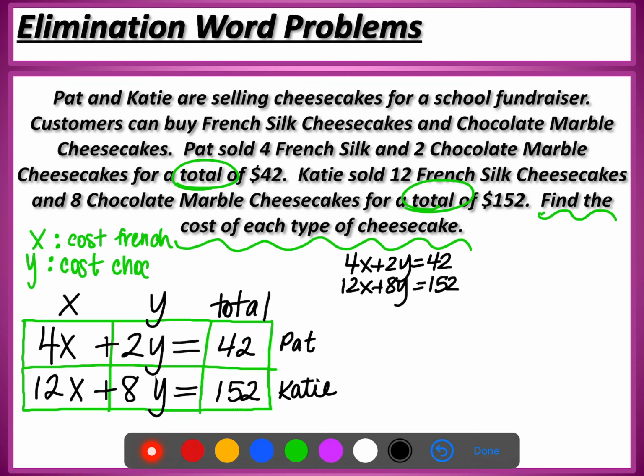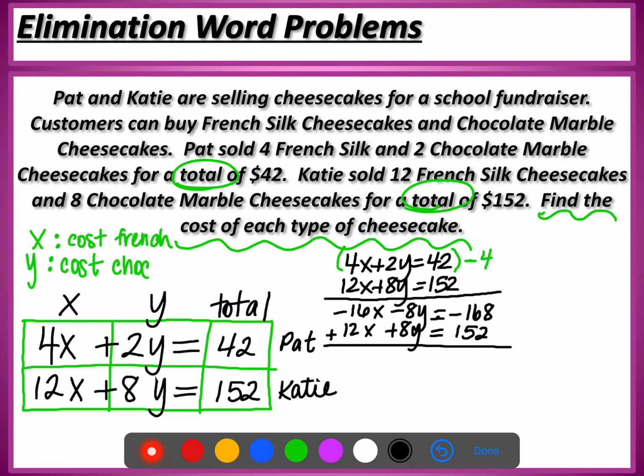All right, so the name of the game today is Elimination. I see that I could eliminate my y if I multiplied my top equation by -4. Okay, so adding these together, that will cancel.